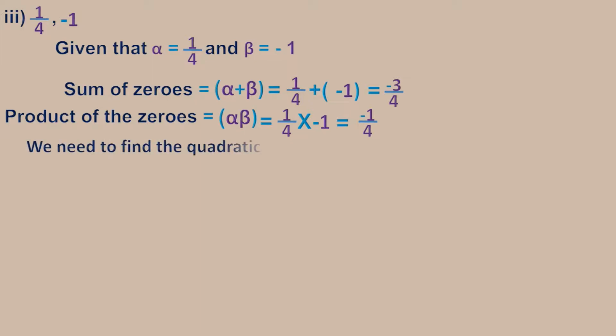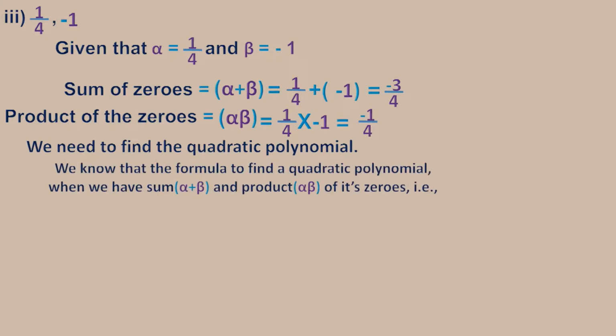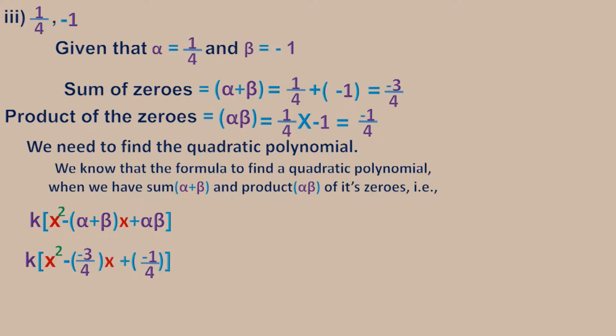Now we have the alpha plus beta value and the alpha into beta value. So we can find the quadratic polynomial. Further, the required formula is k into x square minus alpha plus beta into x plus alpha into beta. So in this formula, if we substitute the alpha plus beta and alpha into beta values, we get k into x square minus minus 3 by 4 x plus minus 1 by 4.